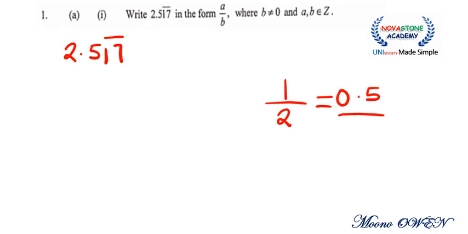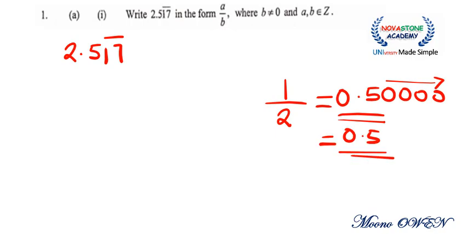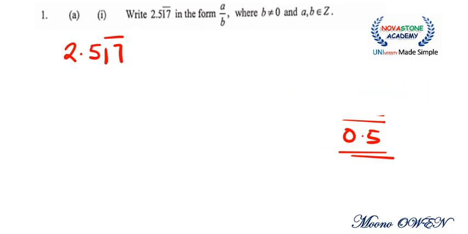Now this is what it means: even if we want, we can put zeros, zeros, zeros, and go like that. The zeros in this case will be repeating, or we can just end at 0.5, which is still the same. So even in this case, if the 17 is repeating itself, that is also a rational number, or a fraction in simpler terms.